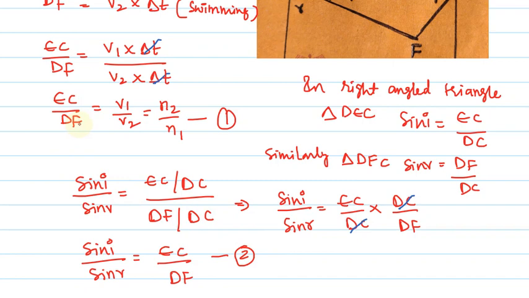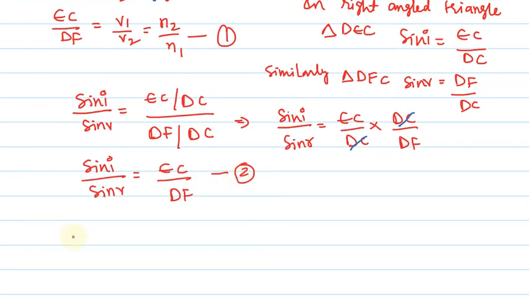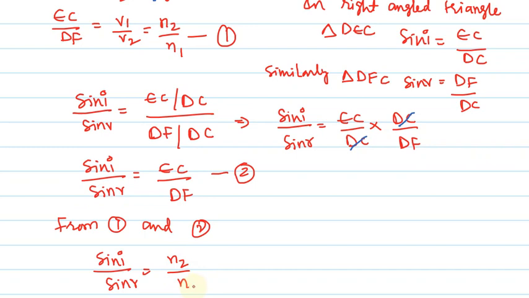Now EC by DF, what do we have? V1 by V2, and that is equal to the refractive index of second medium upon refractive index of first medium. So let us substitute EC by DF here. Then from expressions 1 and 2, sine I upon sine R is equal to N2 upon N1.